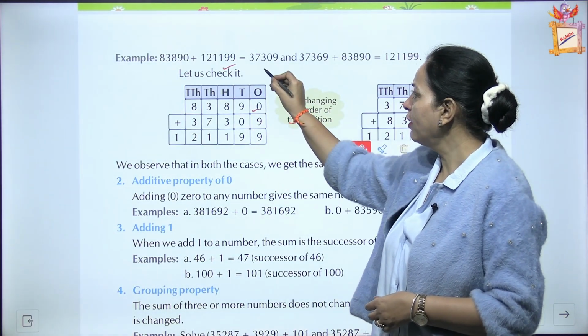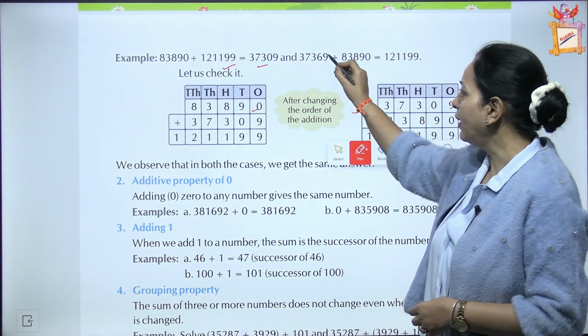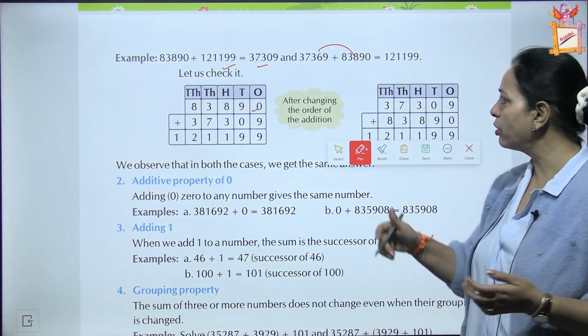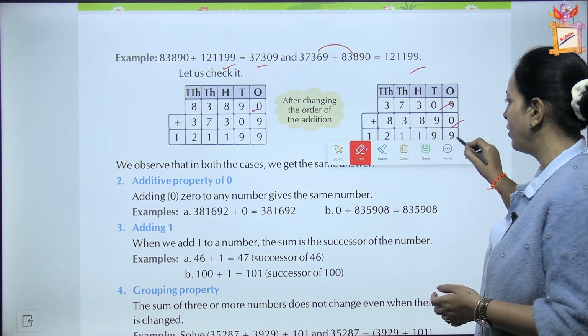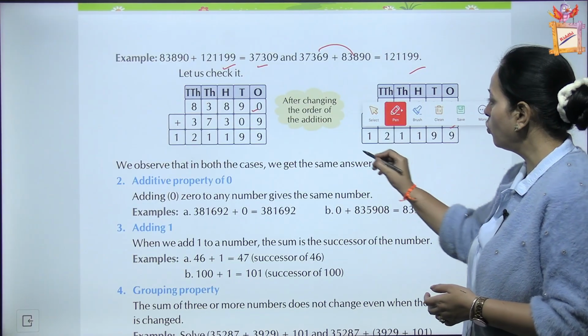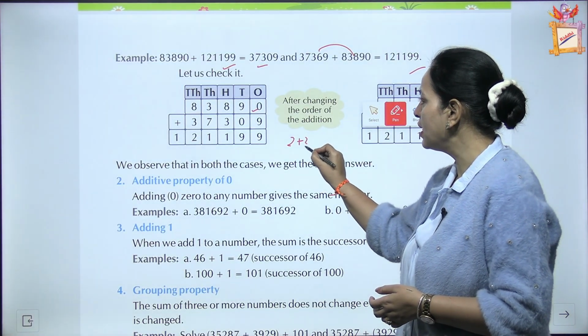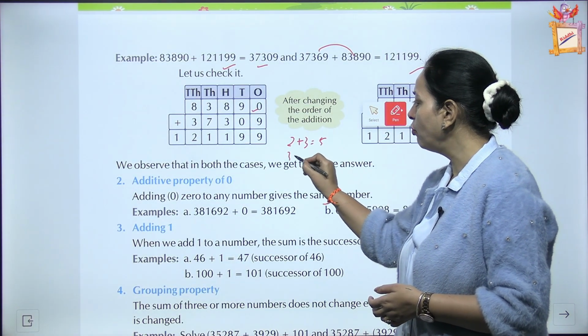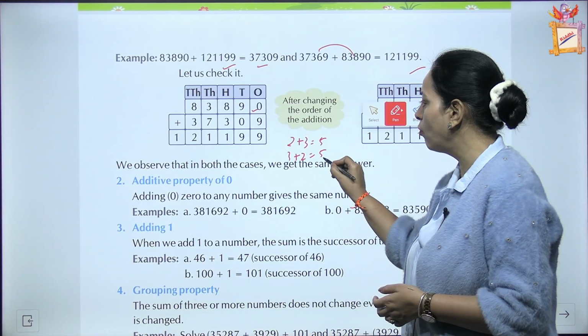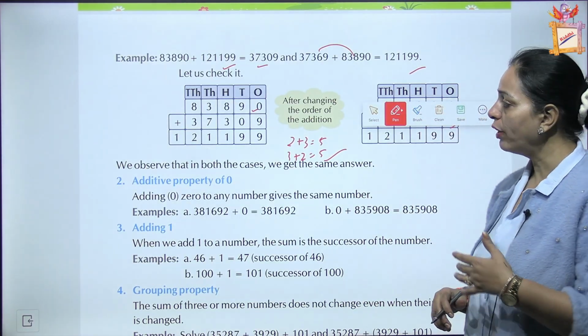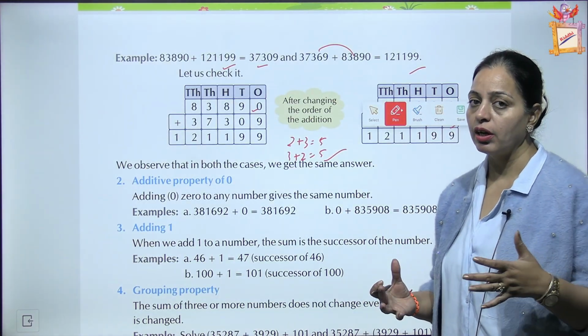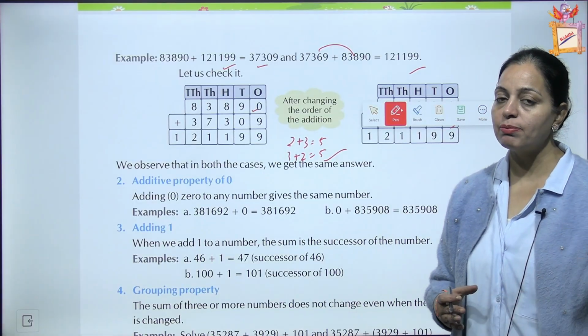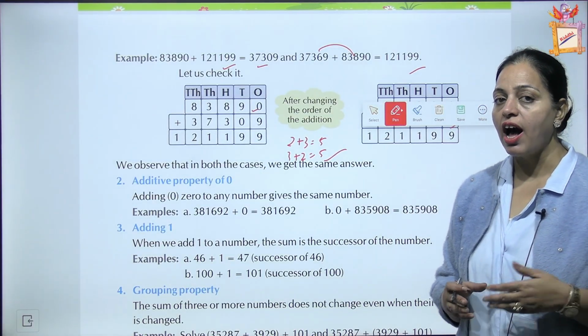We are adding these two numbers, and if we change the order, the answer is the same. Like 2 plus 3 is 5, and 3 plus 2 is also 5. So whichever way we add, first plus second or second plus first, the answer would be the same.